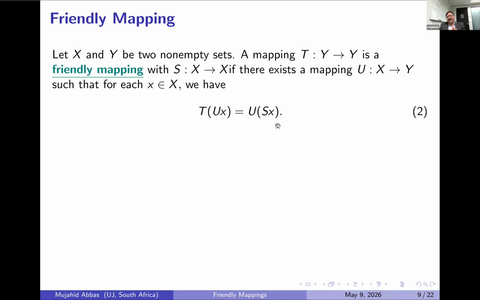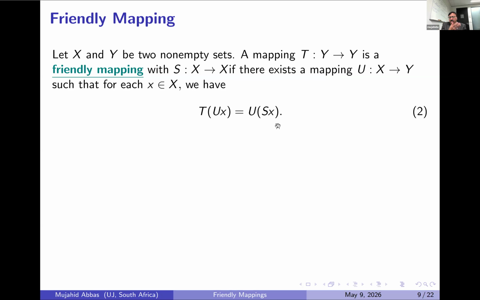So if you look at this mapping, what I'm saying is that we have two mappings, one is T, the other is S. And then we are bringing another mapping U into the picture. How? We are saying that T acting on U is the same as U acting on S, for every x in the domains.